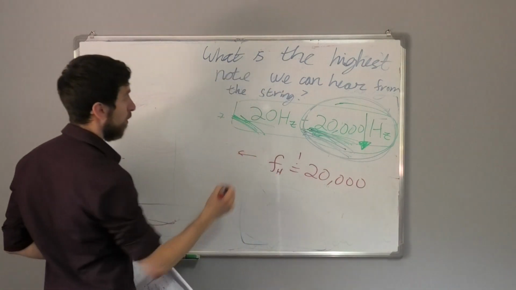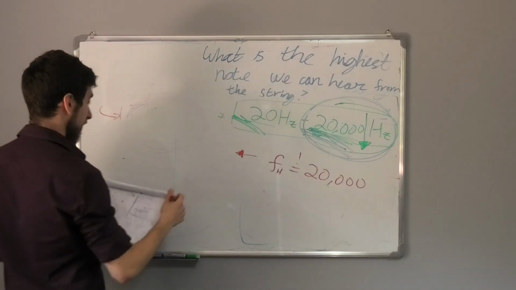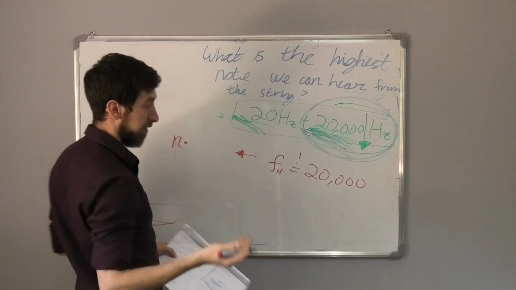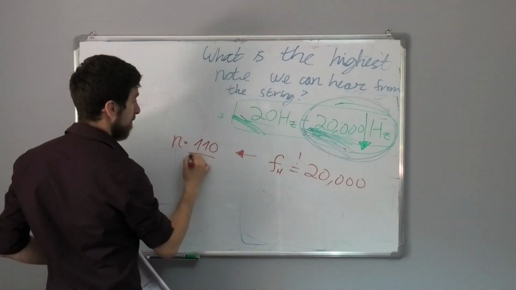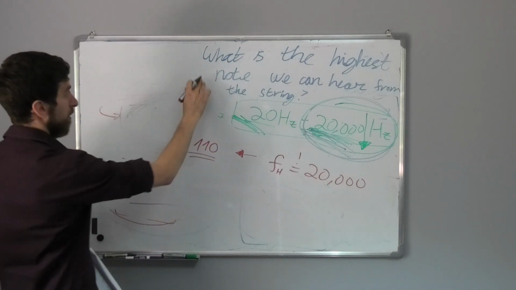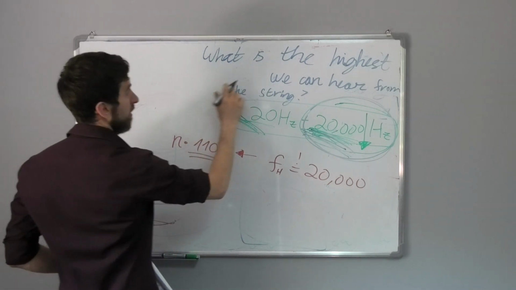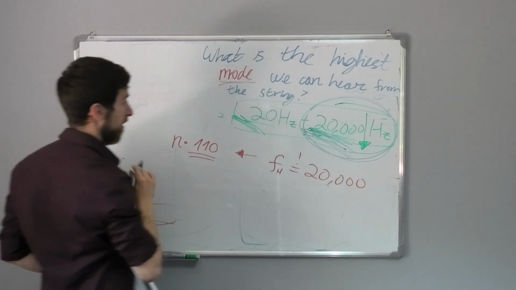So what is the mode that we are actually going to hear? The mode is N of the string, right? The frequency of the string is a multiplication of the fundamental one. So what is the highest mode, or antinode, that we can hear?